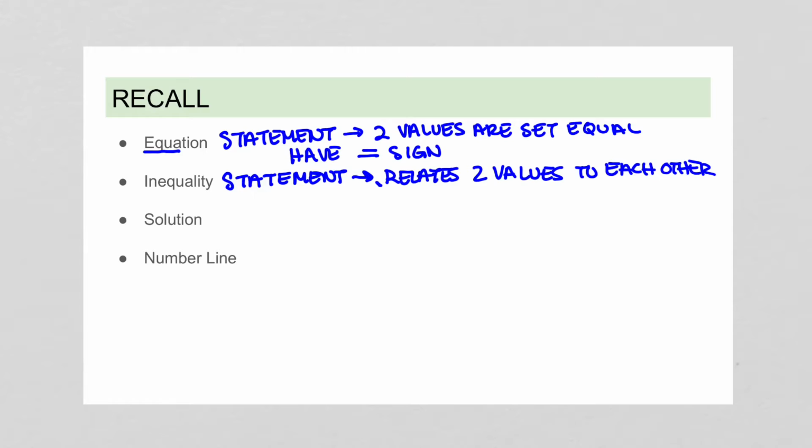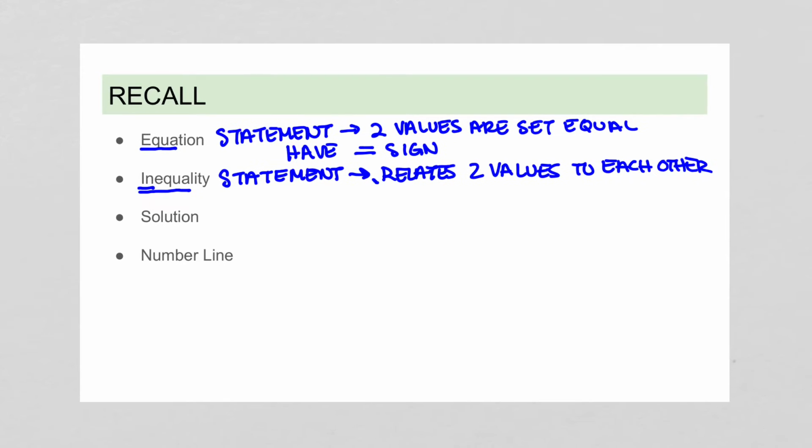They're unequal, so they're not the same. That means they're going to be greater than, could be less than. We could also have situations where the statement says it's greater than or equal to, or less than or equal to.